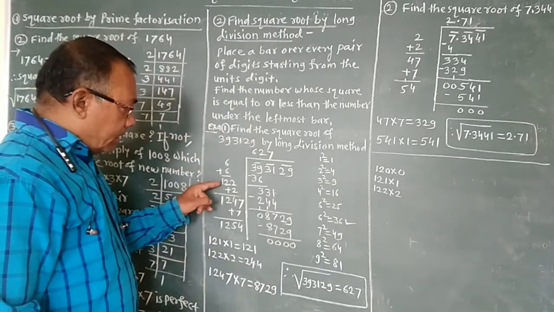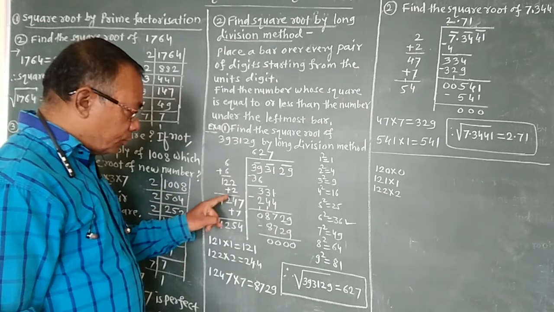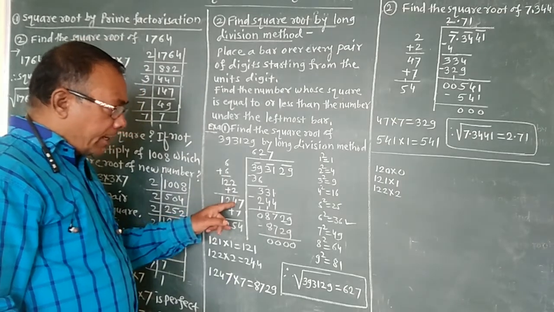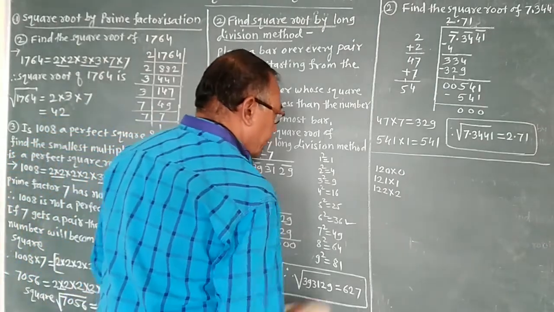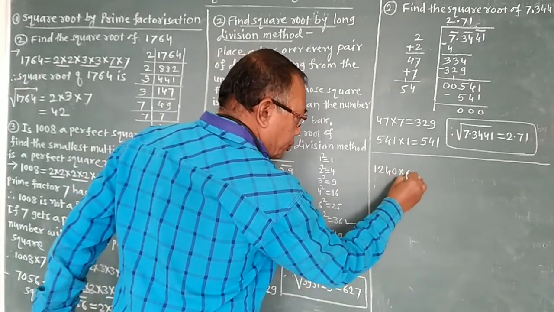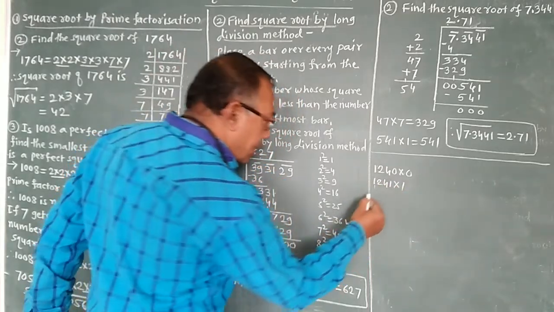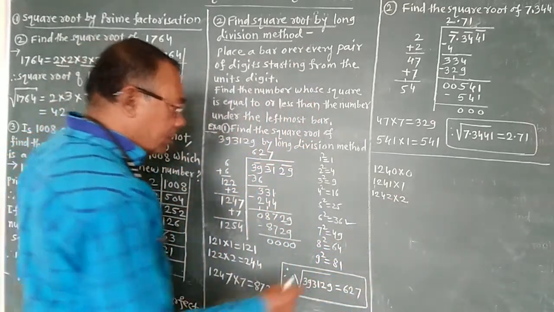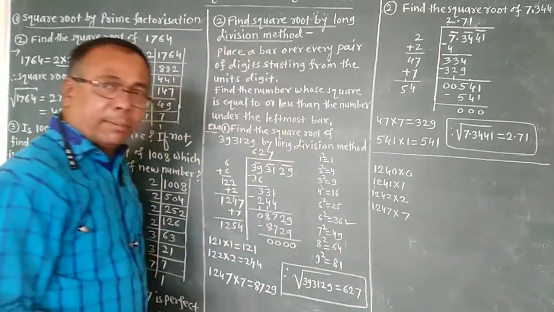Take 2 and add it to 122 to get 124. If we take 0 next to 124, multiply by 0; if 1, multiply by 1; if 2, multiply by 2; and if 7, multiply by 7.